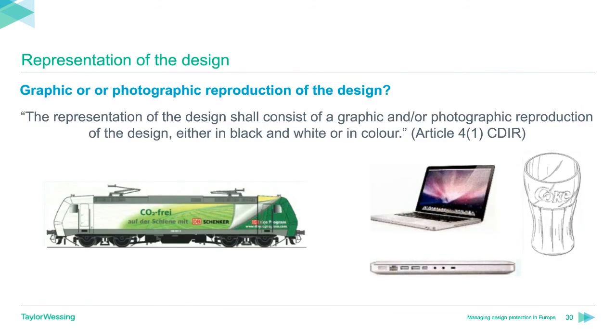For the scope of protection, it is also important to have a good look at the representation of the design. And as you know, when filing for a registered design, you have several opportunities of getting a representation. You can make a graphic or a photographic reproduction of the design. You can make drawings. You can go for a reproduction in black and white and as well in color.